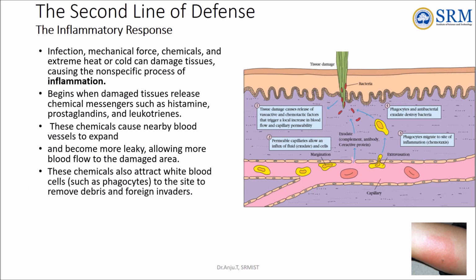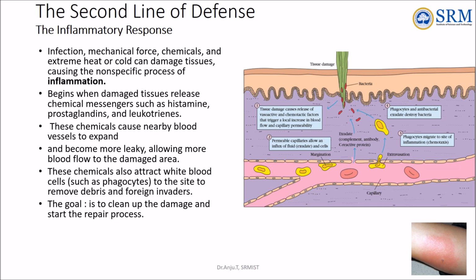The immune cells, such as phagocytic cells, act against the foreign particles entering through the damaged area. These phagocytic cells not only act against the foreign microorganisms but also against the dead cells, and remove the debris.